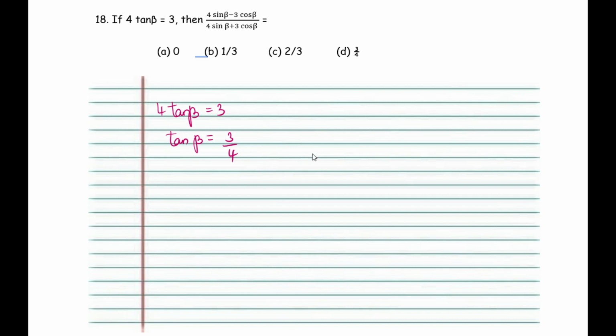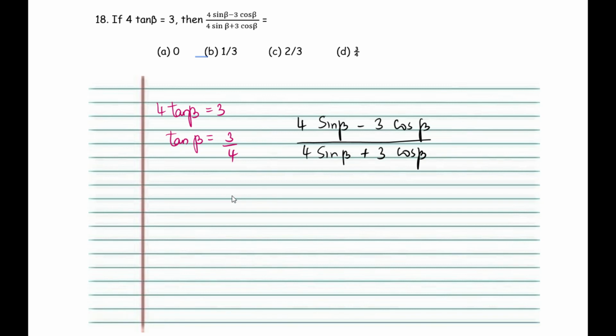We need to find out (4 sin beta minus 3 cos beta) whole divided by (4 sin beta plus 3 cos beta).